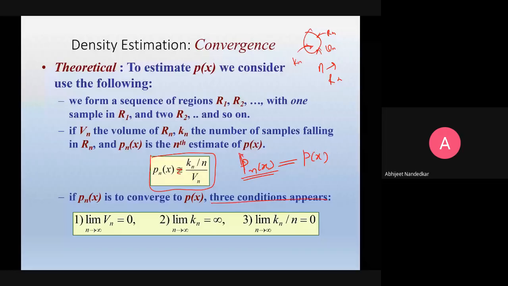First, in the limit of n tending to infinity, Vn should shrink to 0. That means if you have an infinite number of samples, then the volume should tend towards 0.